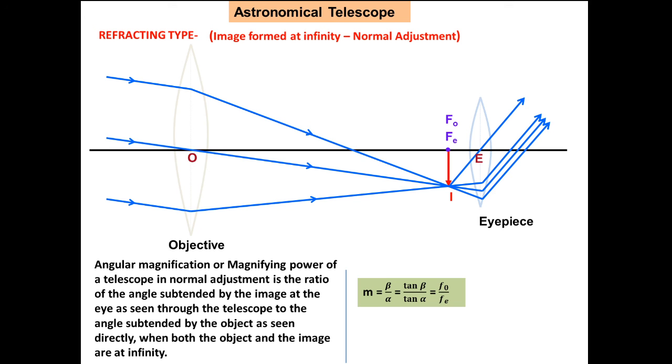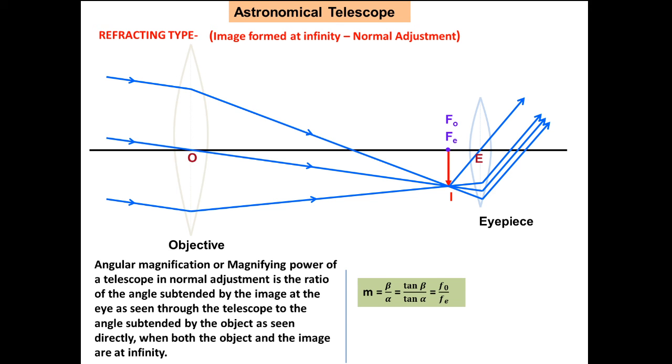Again, see, the magnifying power is the ratio of the angle subtended by the image to the angle subtended by the object at the eye, when both are at infinity.